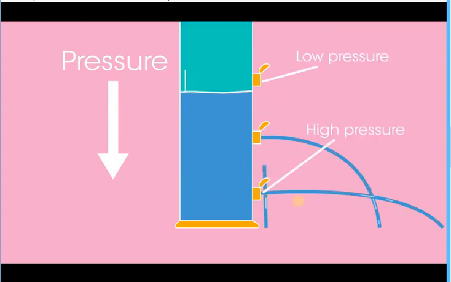It's going to have high pressure as compared to the water at the high point. The water at the high point is going to have low pressure because we know that pressure increases with depth.